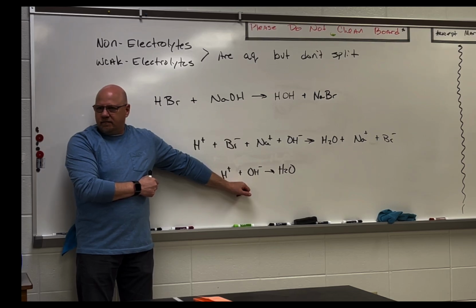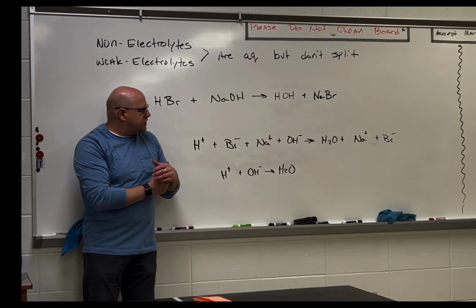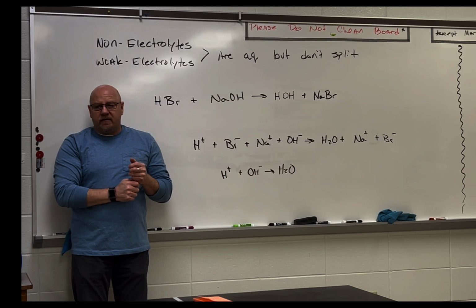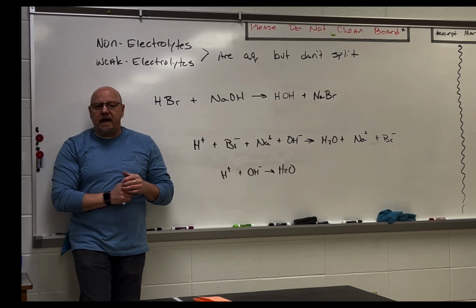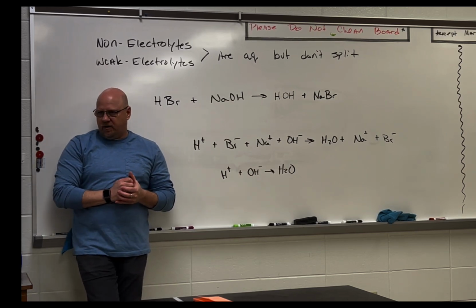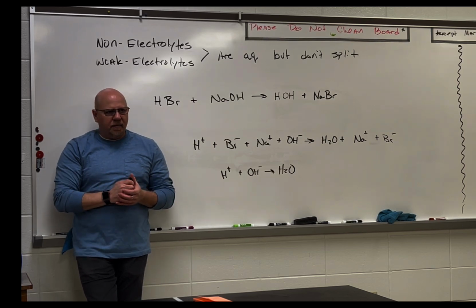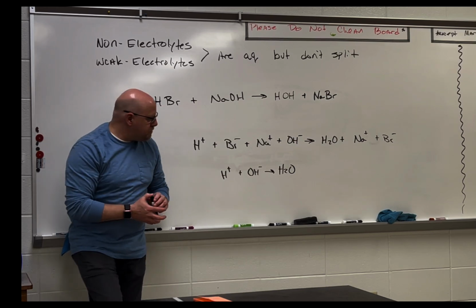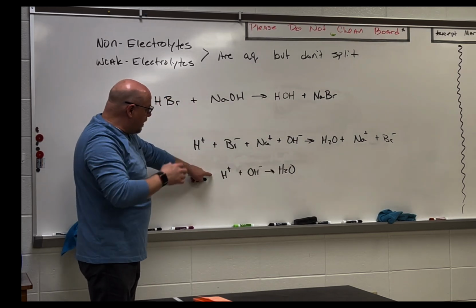Has to be. Okay? Questions? Strong acids, strong bases. The strong base is what throws people off because it's an ionic compound. They look like double replacement reactions. Okay? That's an ionic equation.